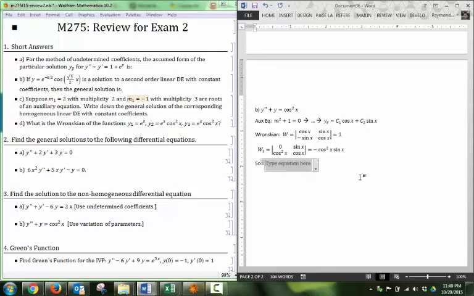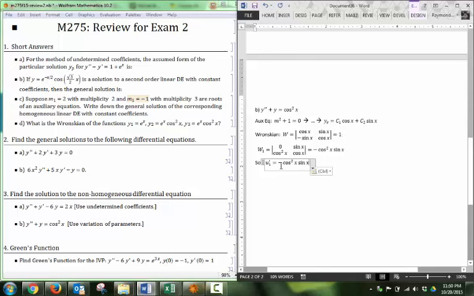So we know that u sub 1 prime is going to equal exactly this business over here, divided by 1, because that's our Wronskian.